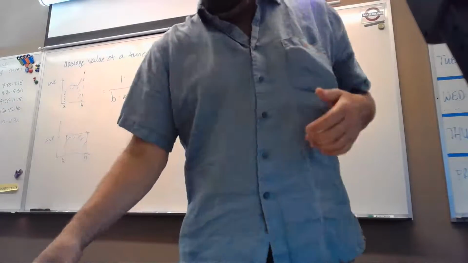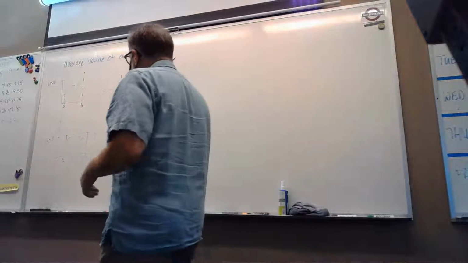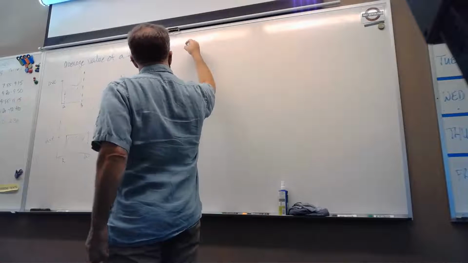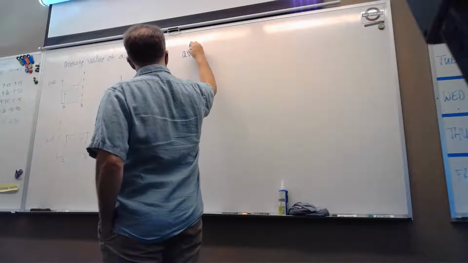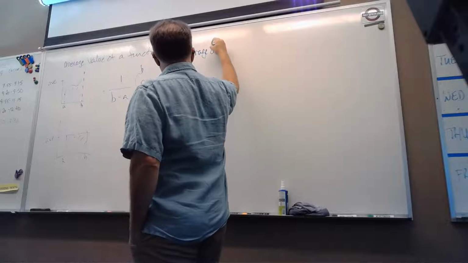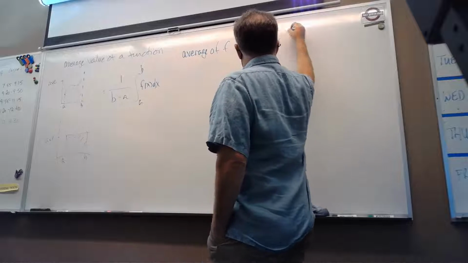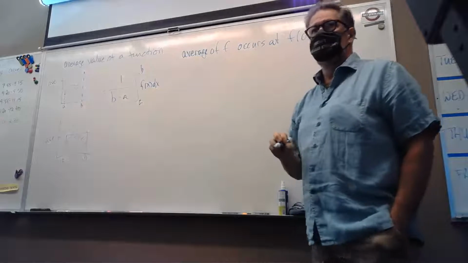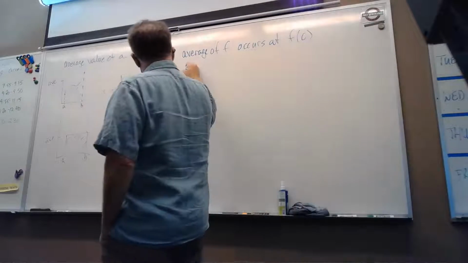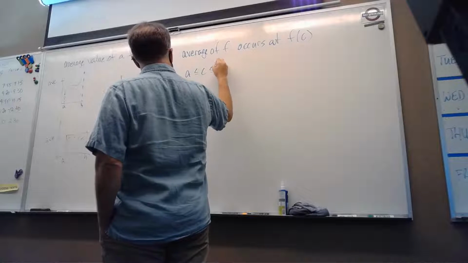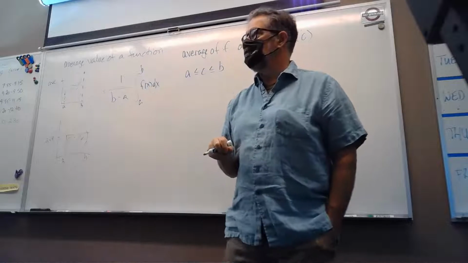So what we had discovered yesterday is that if we say that the average of f occurs at f of c, we noticed in the two examples that we did that c had to be in that interval.